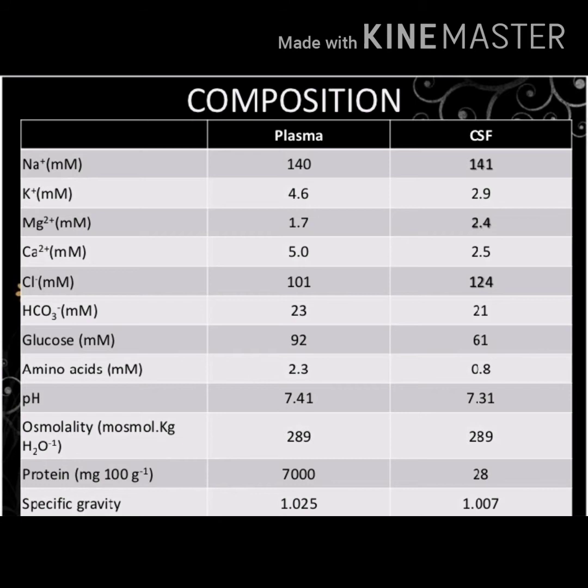These vary from plasma to CSF. Here the protein level in plasma is 7000, while CSF contains only 28. Like that, every molecular composition varies from plasma. For exam purposes, you have to memorize the composition of the CSF.